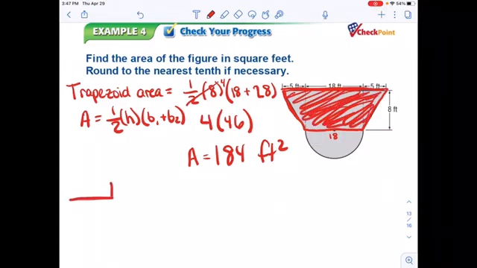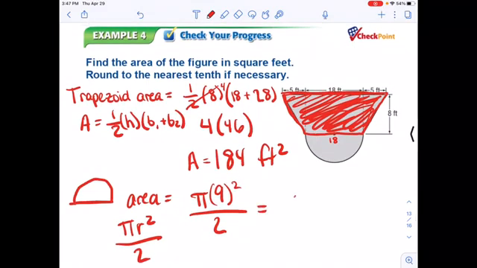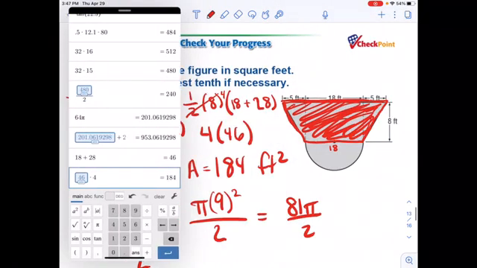I need to find the area of my semicircle. So this is pi r squared, but because it's a semicircle, I need to divide by 2. My radius is 9. So I have 81 pi divided by 2.